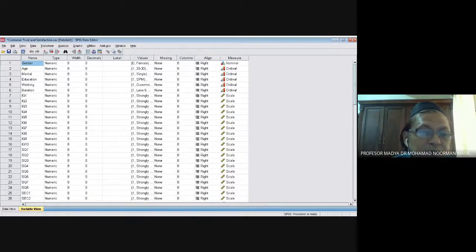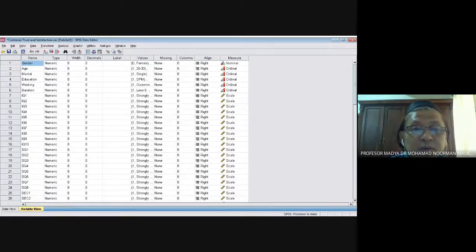So you can see on my screen here, the trust is TST1, TST2, TST3, TST4. This is the variable view. The data view is here. So I'm going to respond to my first research question and first research objective, that is to analyze descriptively.